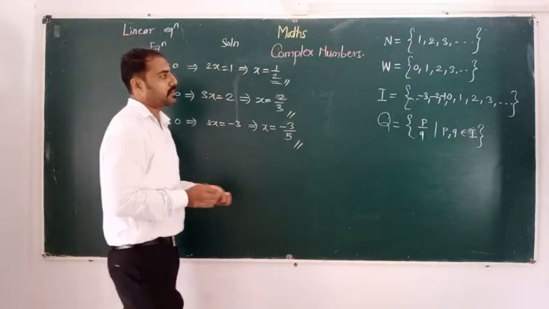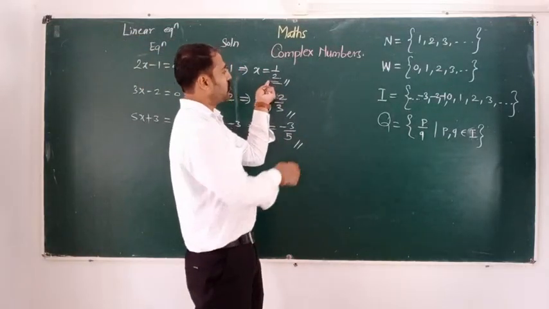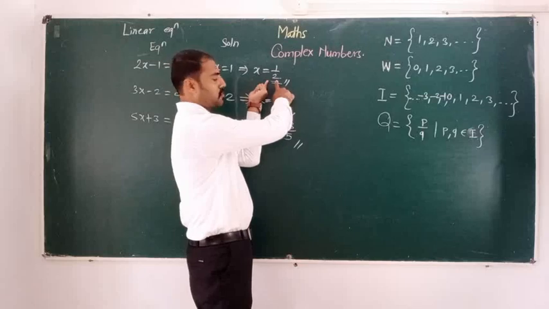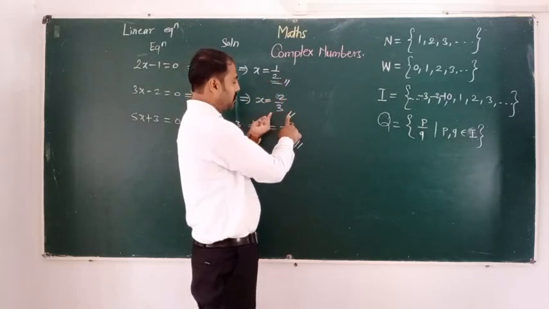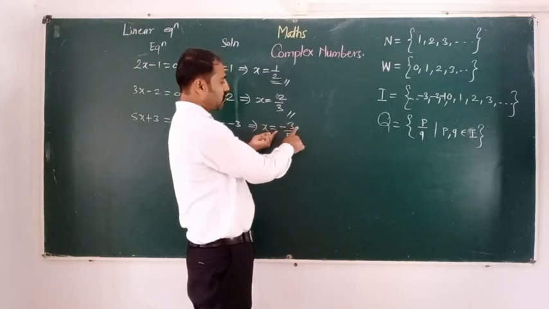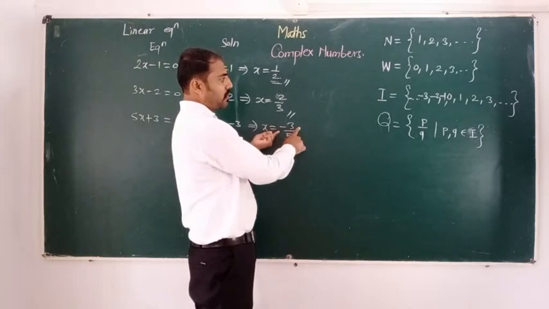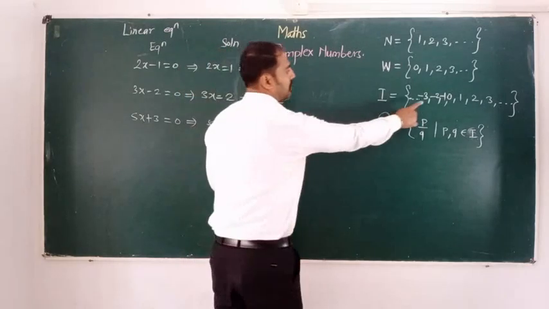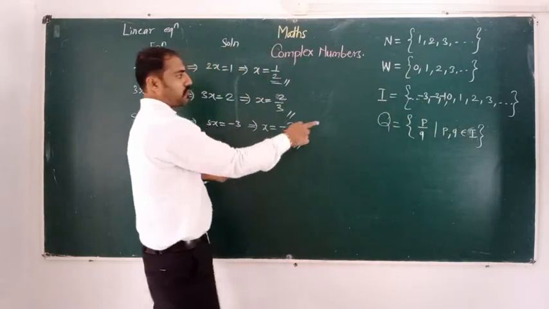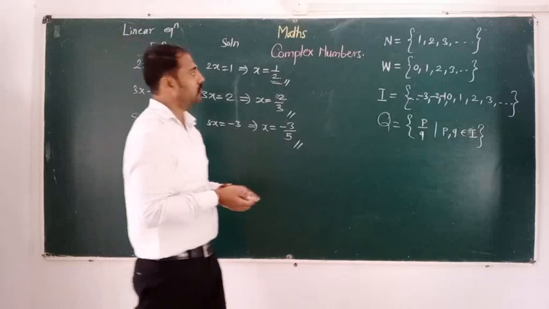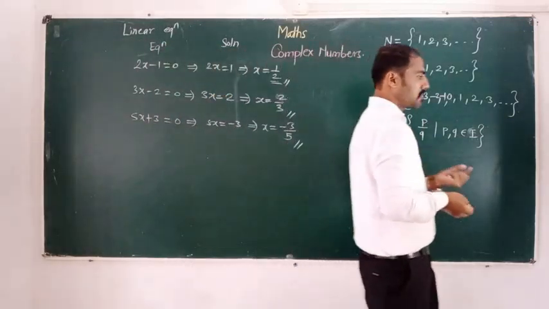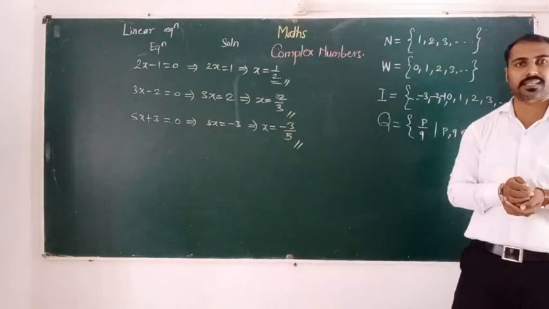For example, here is 1 upon 2, value of p is 1, q is 2. Here is 2 upon 3, value of p is 2, q is 3. Here x is equal to minus 3 divided by 5. Value of p is minus 3, divided by 5. So they introduce new numbers which is called as rational numbers.